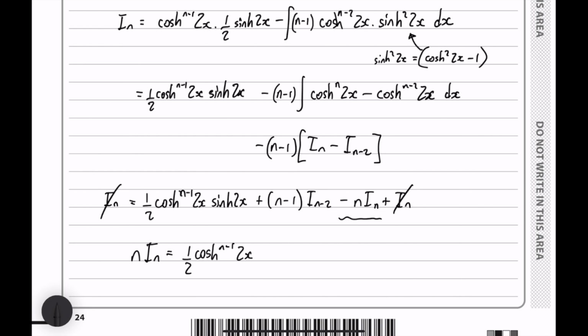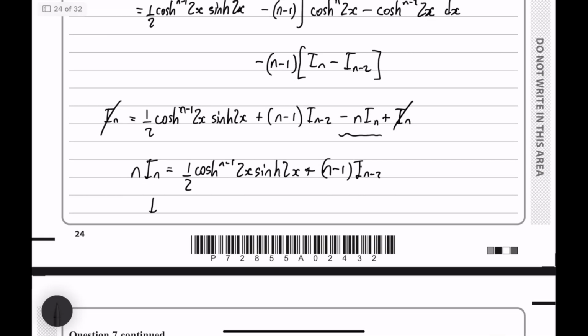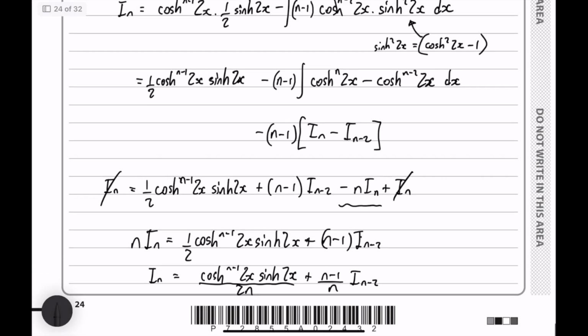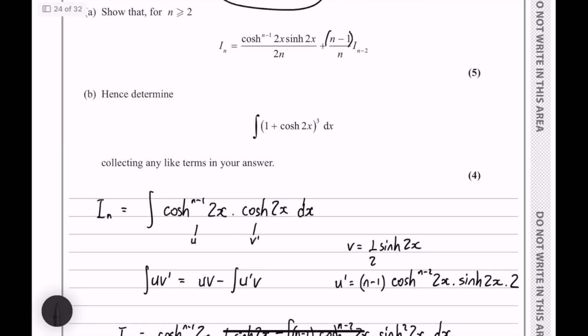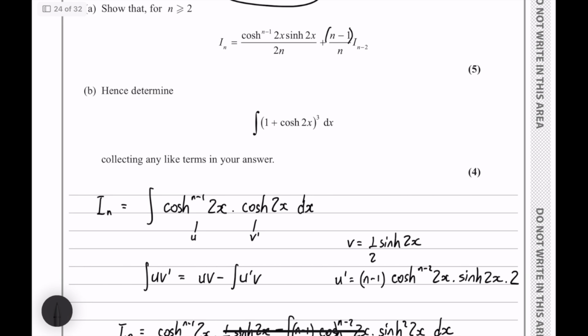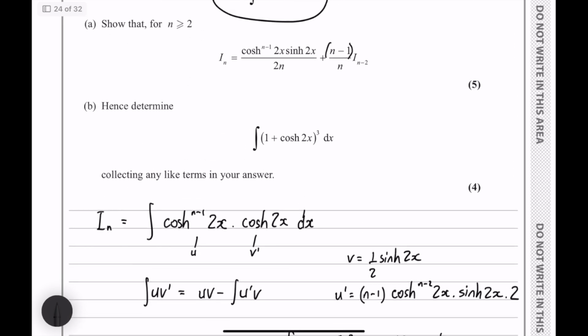Still got all of this, sinh 2x plus n minus 1, n minus 2, divide it all by n. We get cosh n minus 1 2x sinh 2x divided by 2n plus n minus 1 over n, I_n minus 2, which I've just assumed matches what they want. Yes. So that's part A done.